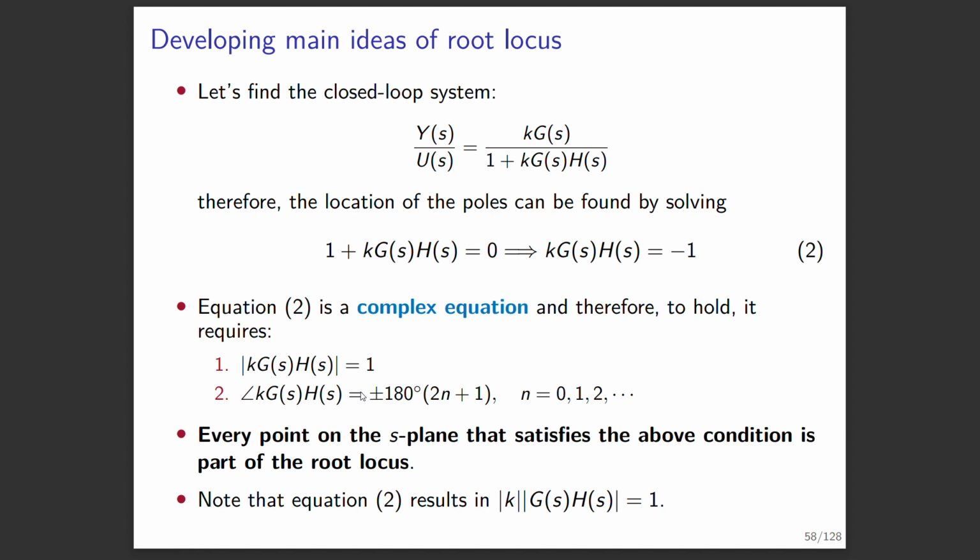What this result tells me is that every point on the S-plane that satisfies this equation is part of the root locus. Again, every point in the S-plane that satisfies this equation is part of the root locus. What do I mean by that? Let me go back and find the numerical example.